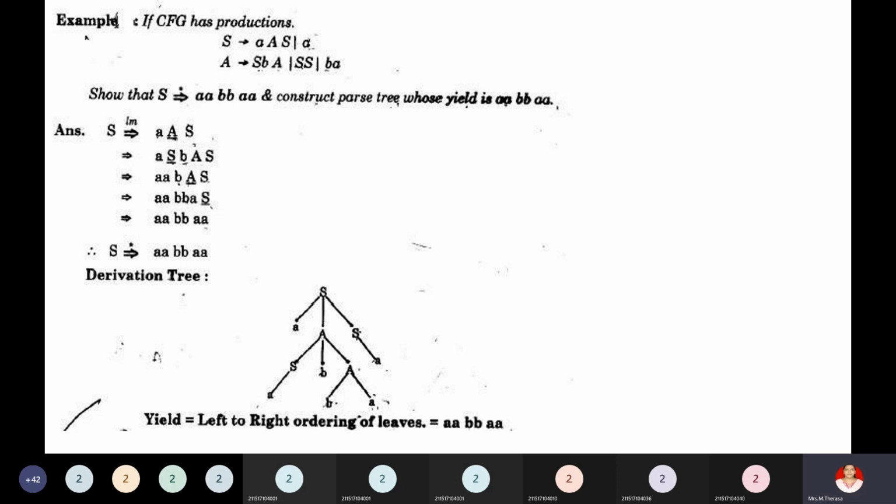At last, the last S is replaced by a. If you read the leaf nodes from left to right, you get aabbaa, which is nothing but the yield of the parse tree. So always you have to read from left to right. Clear?